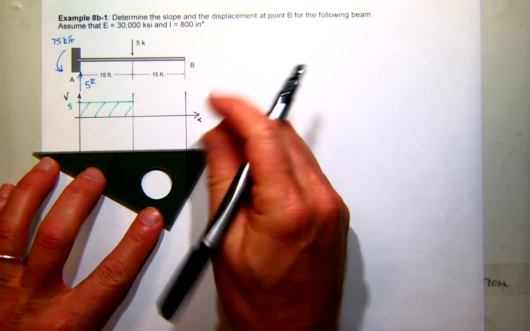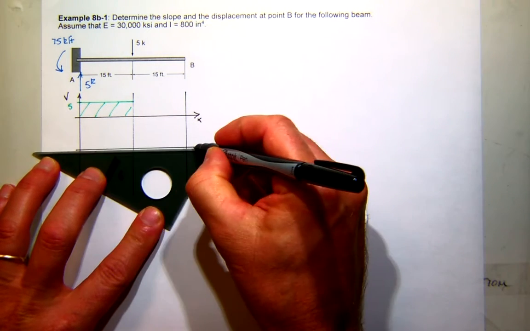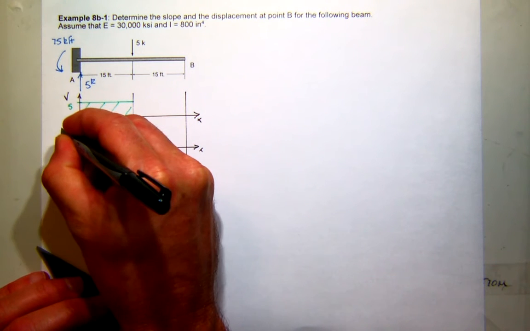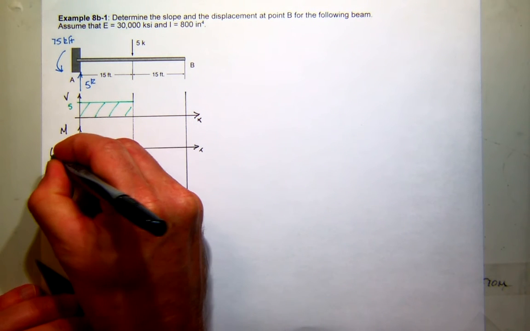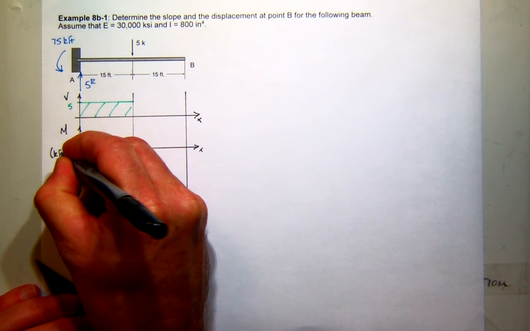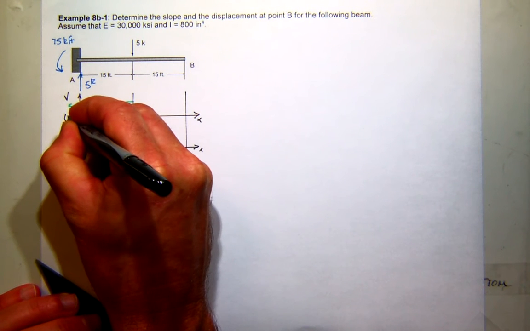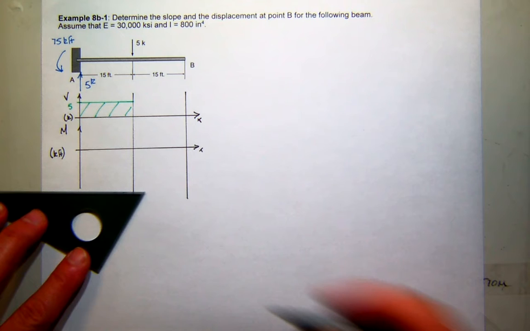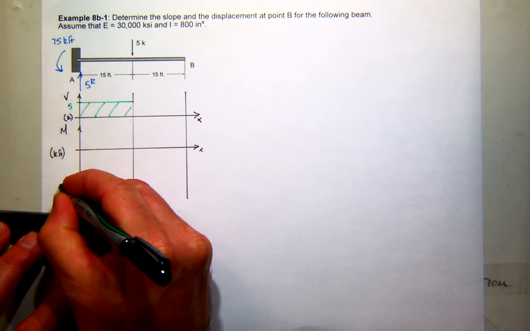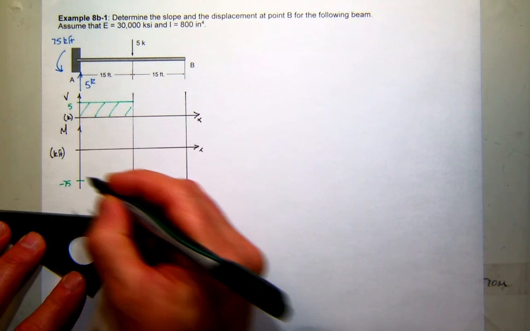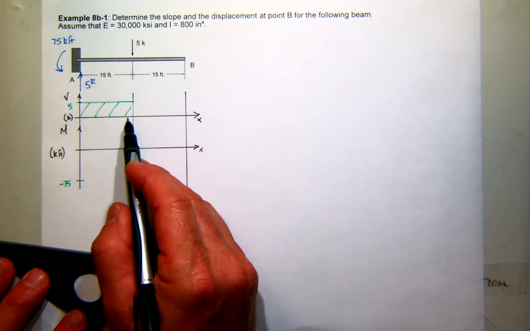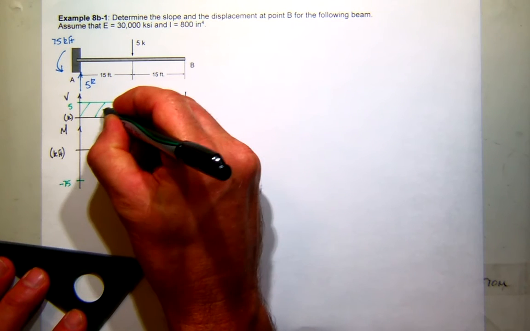The moment diagram, I'll draw a positive x, indicate positive moment. This will have units of kip feet. I left off the unit for the shear. We're going to start off with a negative 75 as the moment. And of course, the change in moment between the 2 points is the area of the shear diagram. And you can see this is a positive area.